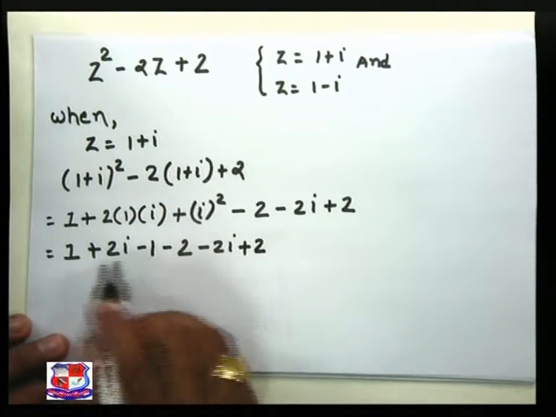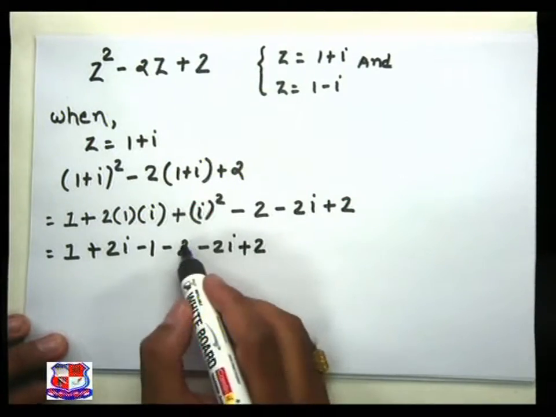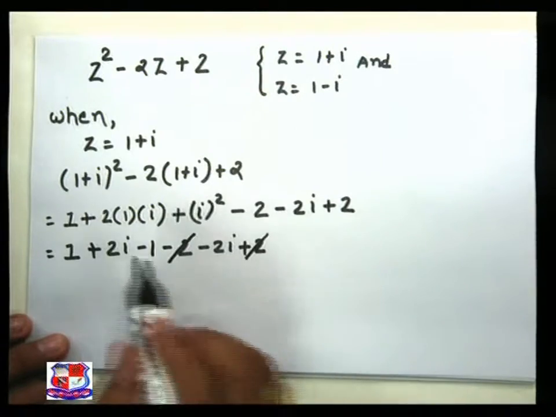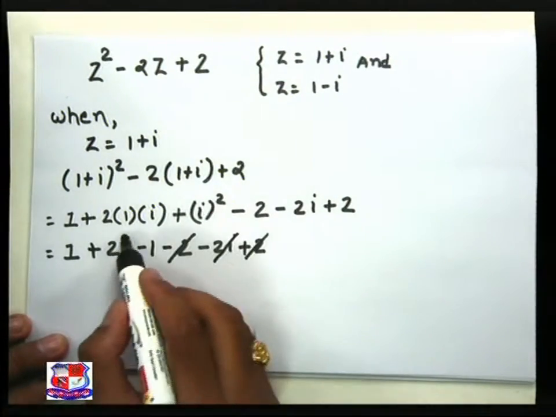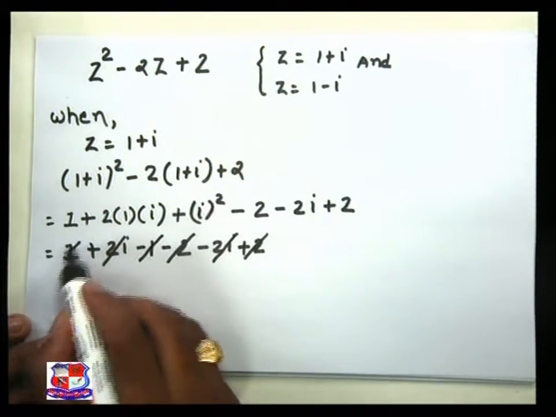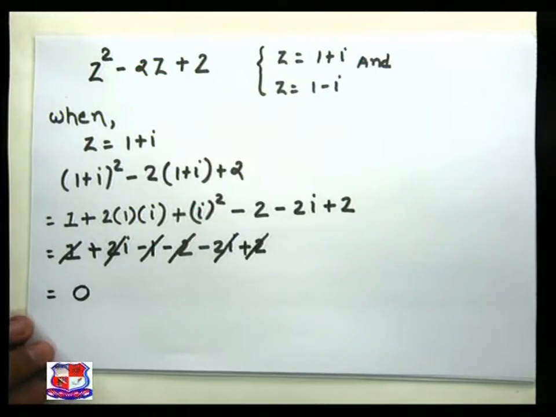Now just summation of this step: minus 2 and plus 2 cancel out, plus 2i and minus 2i cancel out, plus 1 and minus 1 cancel out, so it is equal to 0.